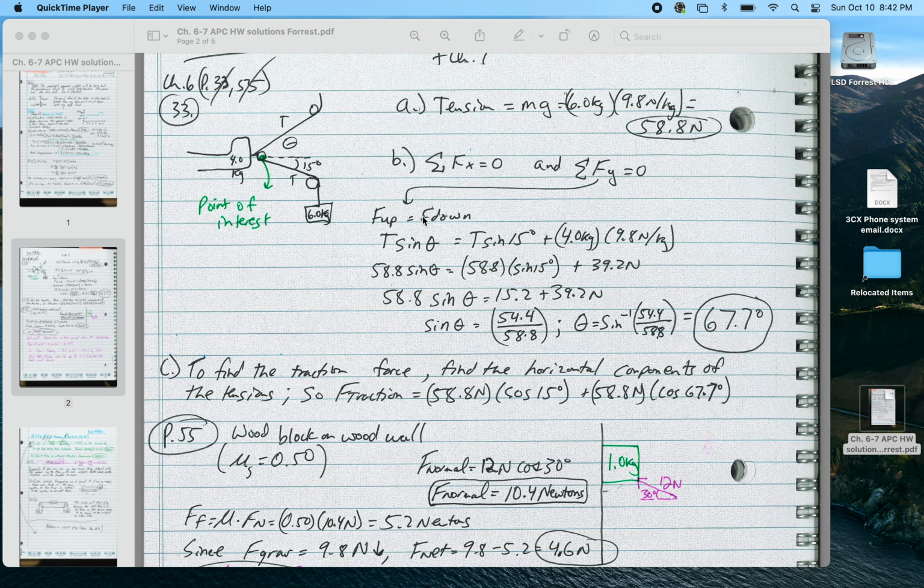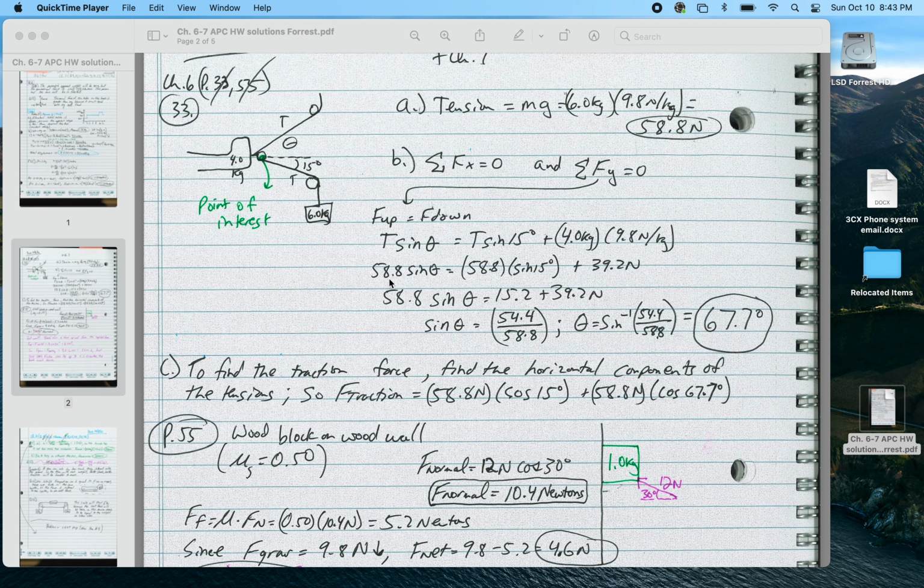So at point B, I'm going to start with F up equals F down. F down is equal to the weight of the foot plus the vertical component downward caused by this tension in the string. And so that's my mg of the foot. T sine 15 degrees is the downward component of the string's tension.